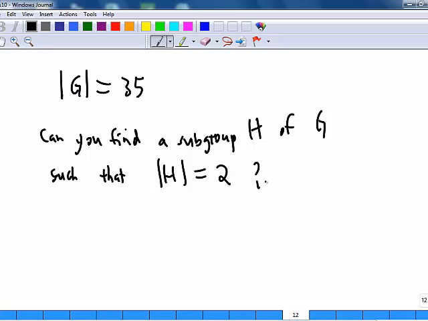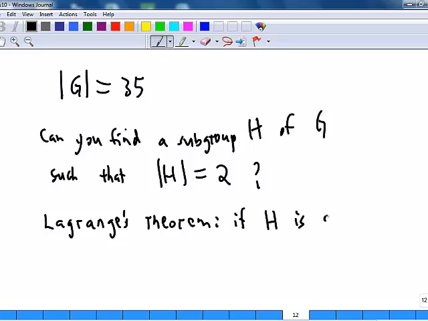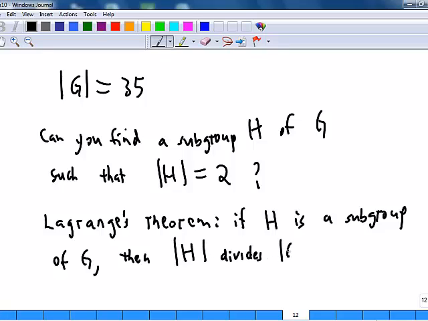So what does the Lagrange theorem say? Lagrange theorem says that if H is a subgroup of G, then the size of H must divide the size of G. The size of H must be a divisor of the size of G. So is it possible now?